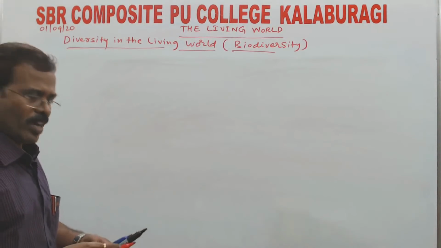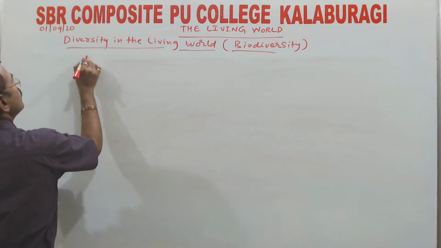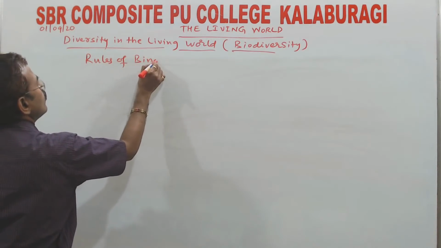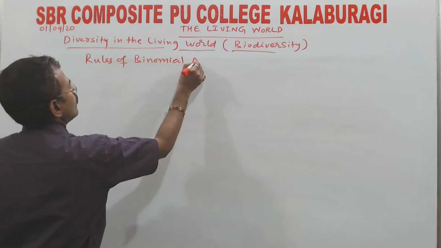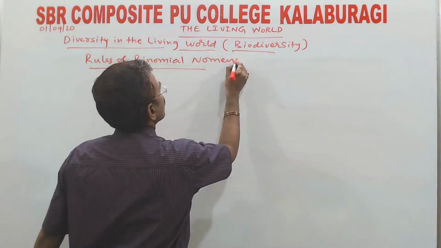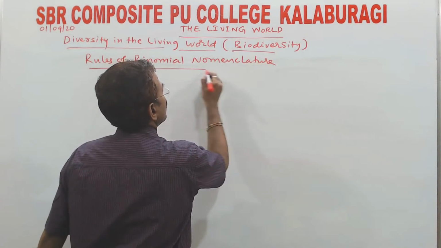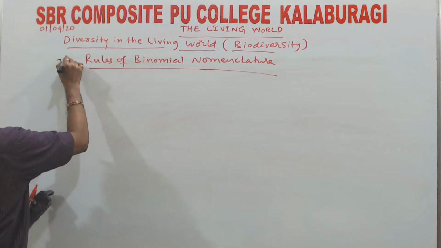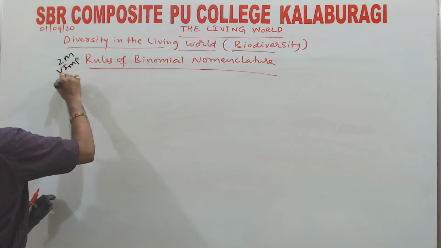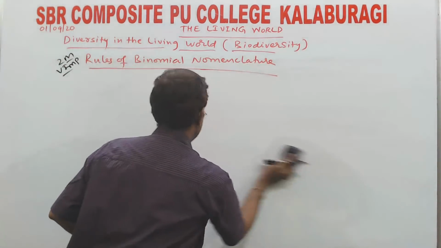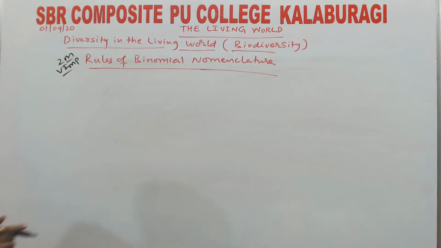So next, a very important concept: rules of binomial nomenclature. 2 marks, very, very important. What are the rules?